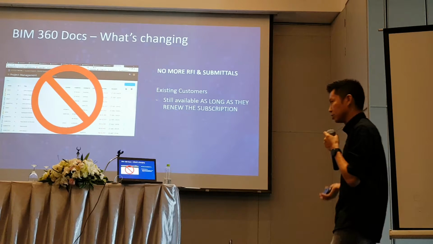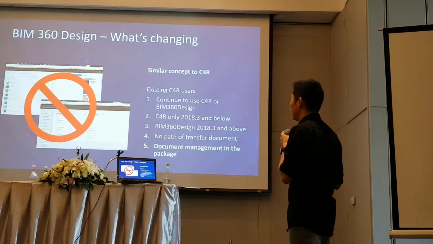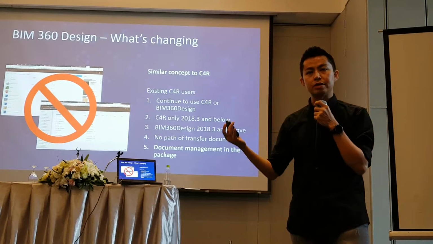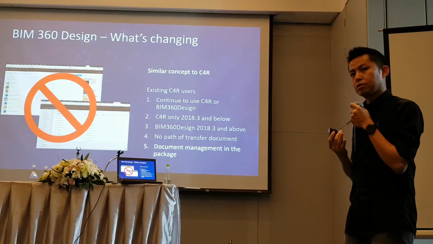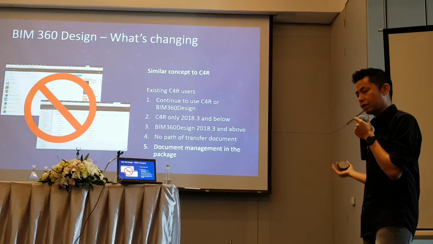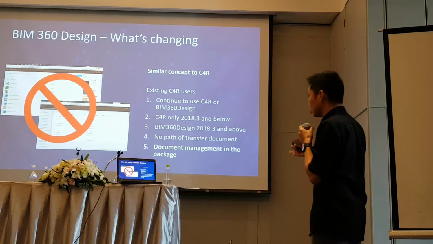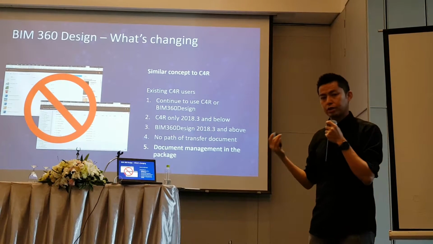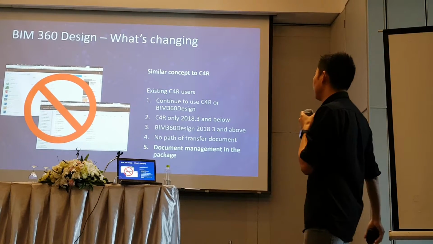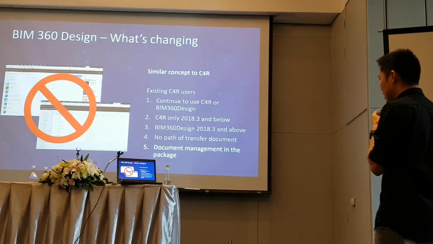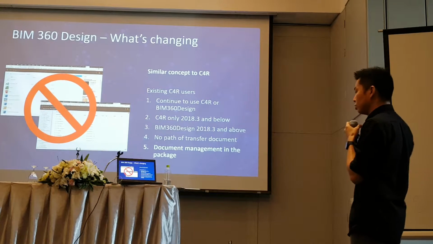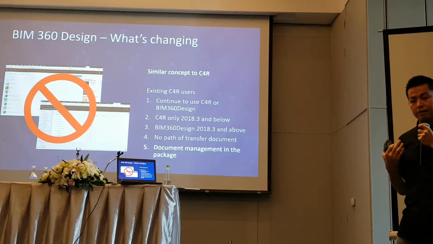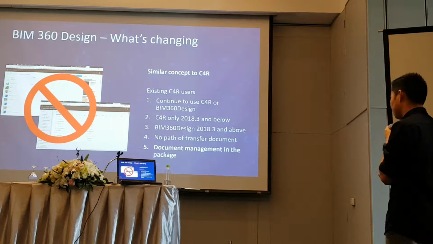Now, BIM 360 design, last time we called it C4R. We used BIM 360 team as a platform. It's quite detached and quite standalone. Now we put everything into docs. You upload your central models into docs. Now, the existing customer can continue to use their C4R and BIM 360 team because they have a live project, an ongoing project inside there.